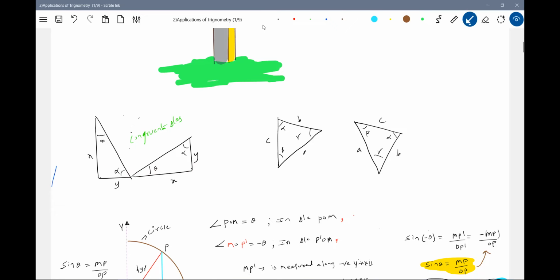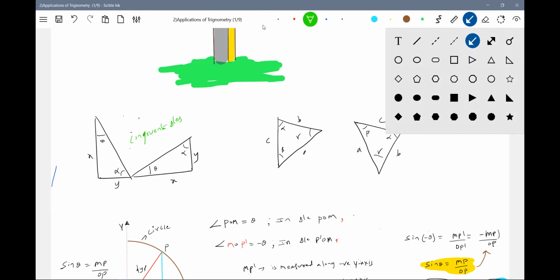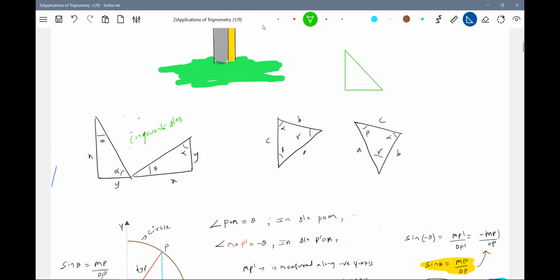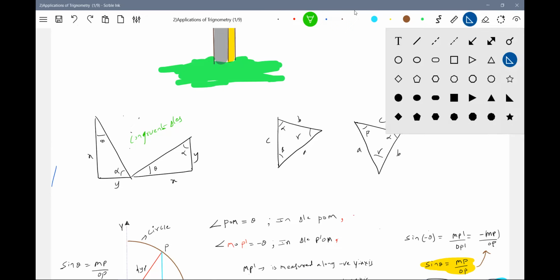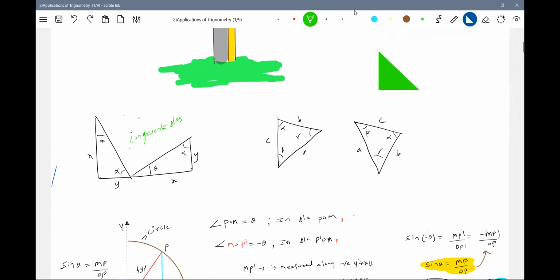I think if you are still not able to understand, I have a triangle here. Definitely they are congruent, no? Provided what is the condition?